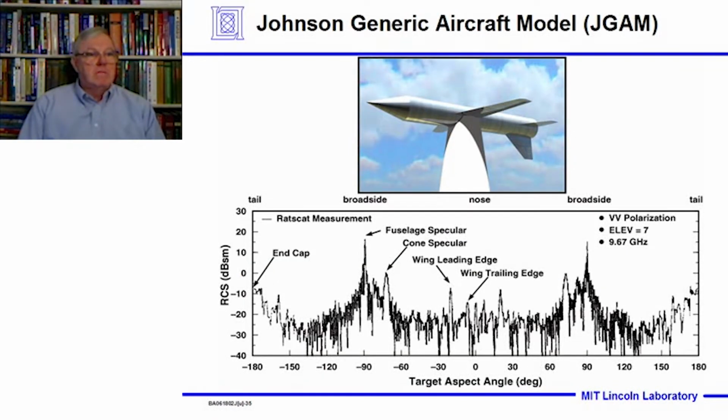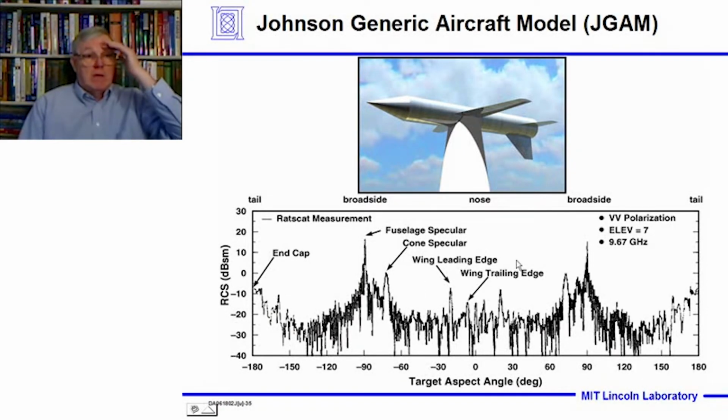Now these are measurements at a full-scale range facility called RATSCAT of a Johnson generic aircraft model. It's a simple full-scale model that has many of the different features that aircraft have, like a nose, a cylinder, wings, and control surfaces.